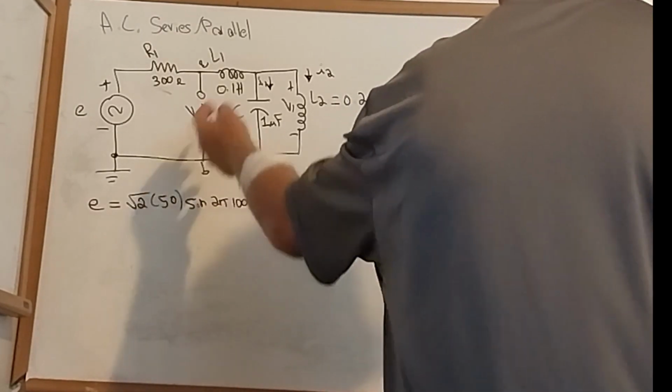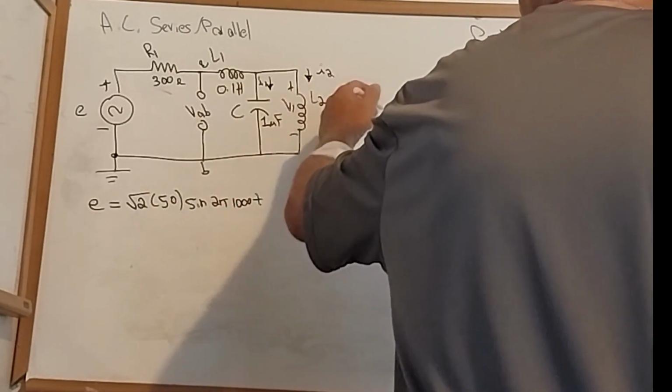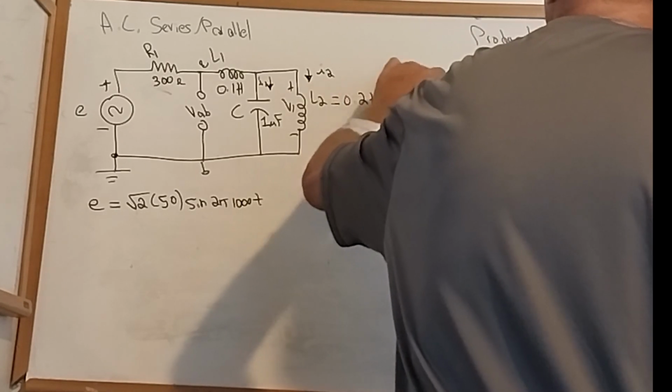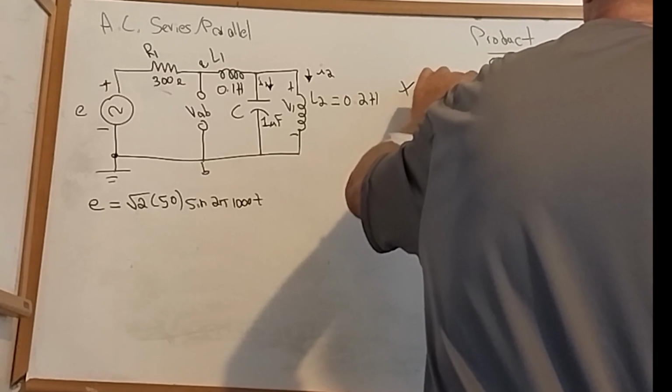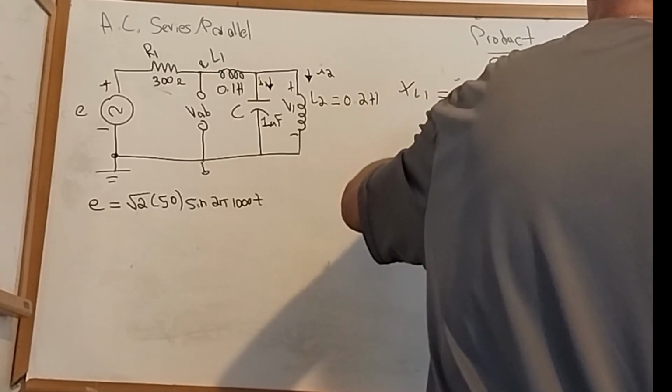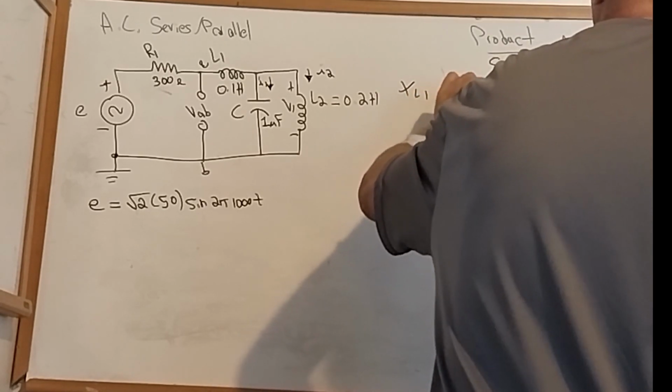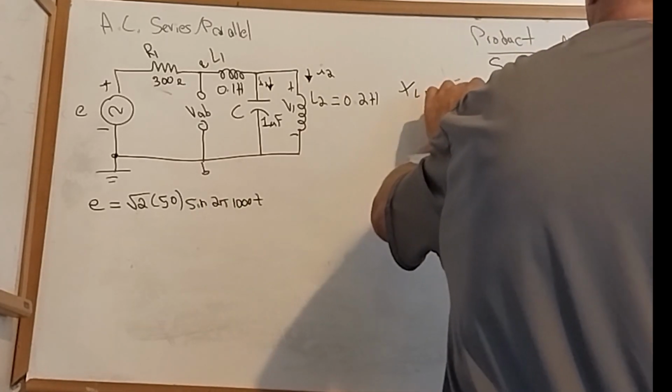First, let's find the X of L's. We have X of L1, and that's going to be equal to 2 pi f times L1.